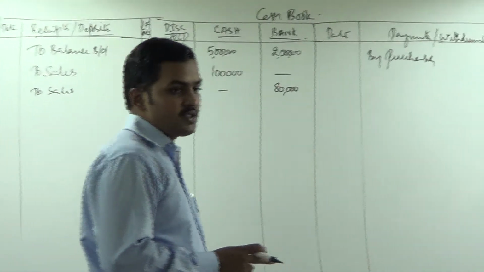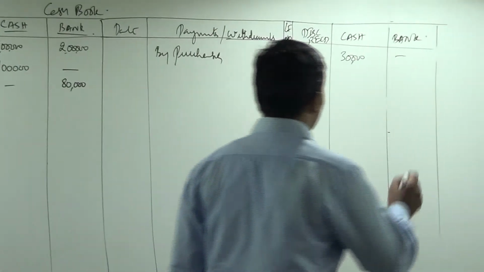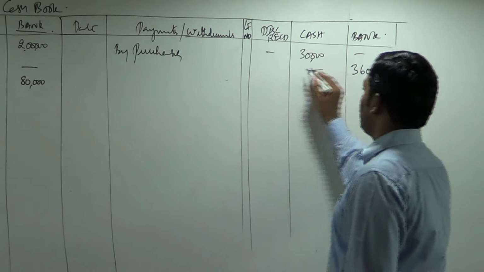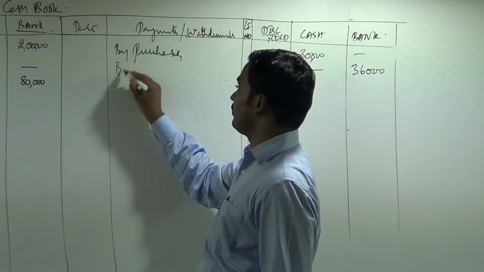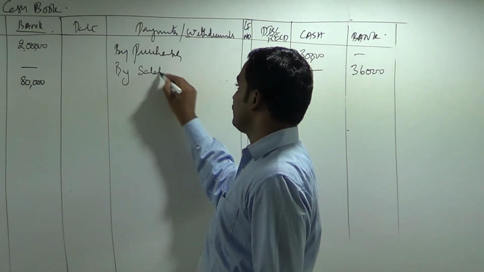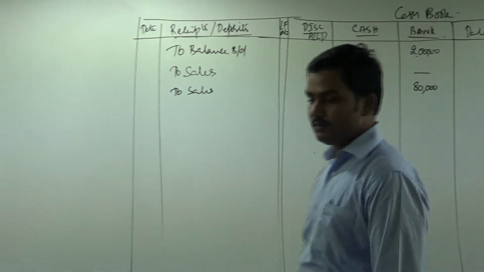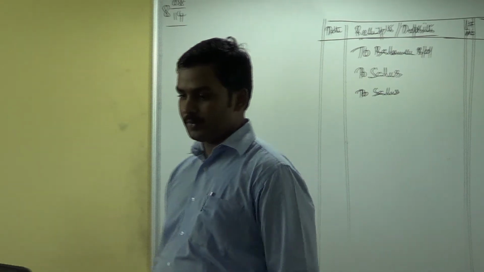So you have recorded on the withdrawal side. But the withdrawal is not from cash, it is from bank. So you have recorded on the withdrawal side, bank column, 36,000, by salaries.